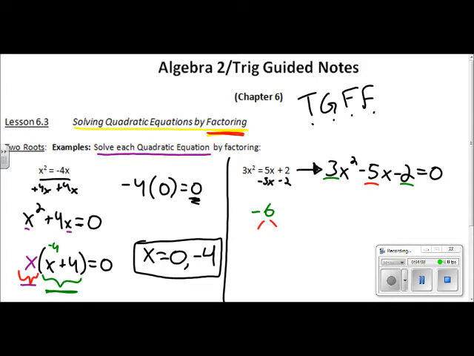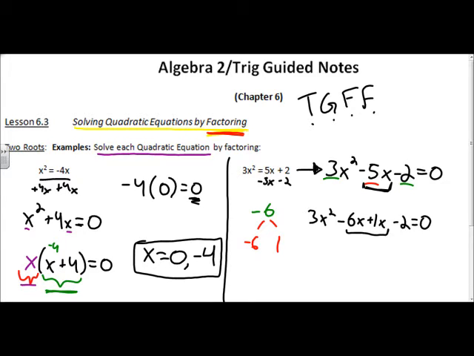In this case, it's going to be negative 6 and positive 1. Now that we have negative 6 and positive 1, we just set those back into our equation in place of the negative 5x. So we'd say 3x squared minus 6x plus 1x. So when we combine these, they become that 5x minus 2 equals 0.